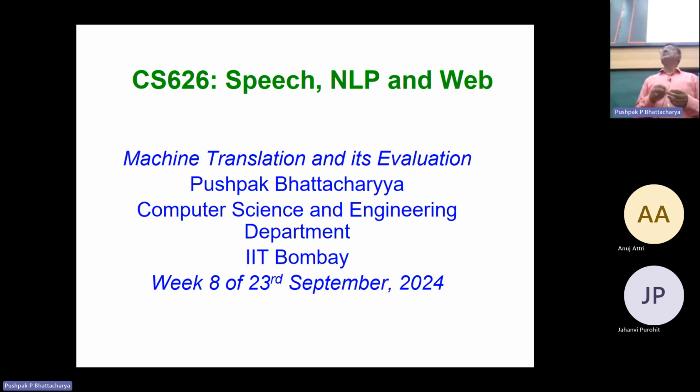So what is the main problem then? Why is machine translation challenging? How would you describe the challenge? If you recall, right in the beginning, we said that the main problem of natural language processing is ambiguity.